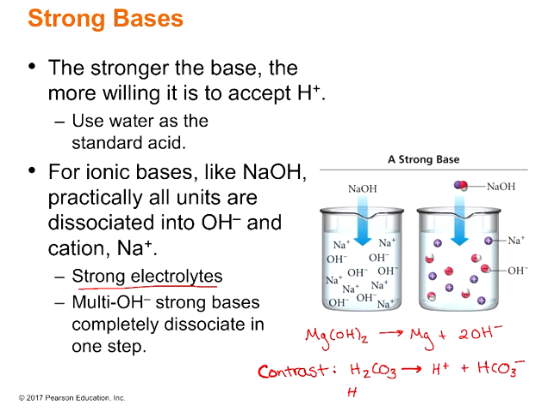So first it loses that first hydrogen, and then it loses the second hydrogen. Both of these processes are reversible, although in the first step, the products are pretty highly favored.